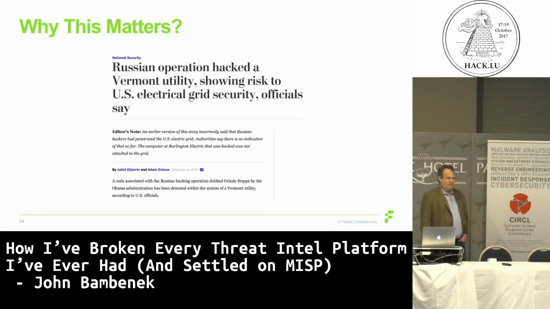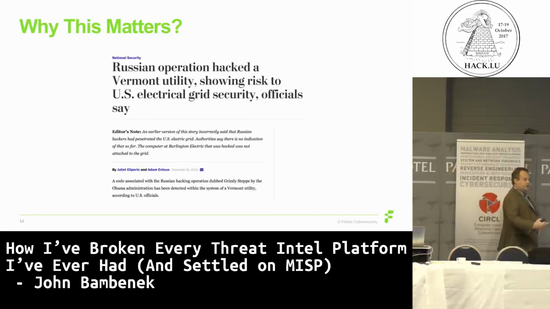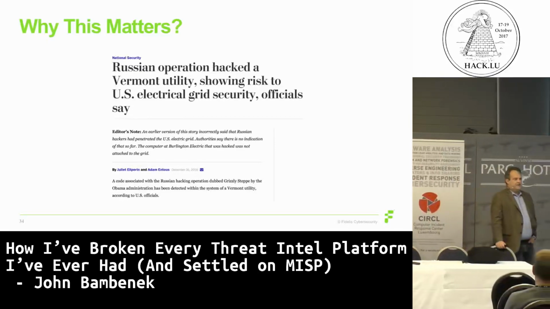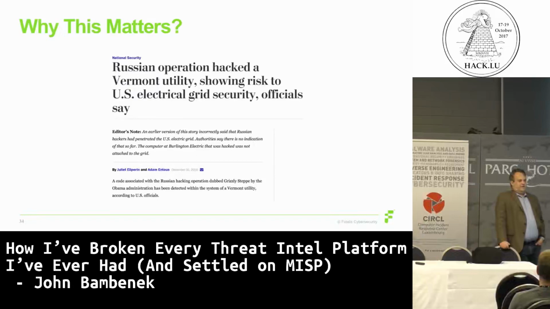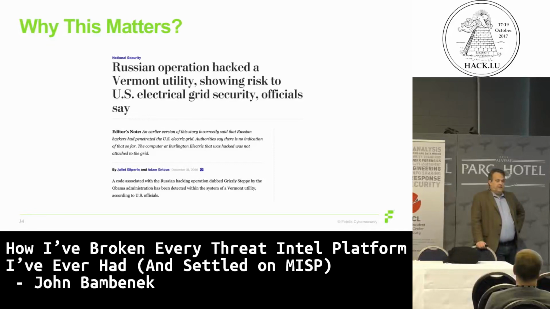So a bunch of entities started looking for the IP addresses that they reported, including a Vermont power company. It said, hey, Department of Homeland Security, I see one of these IP addresses in our access logs. What it really was, was a traffic delivery node for an exploit kit that for some reason was in the Grizzly Steppe IP address indicator lists.